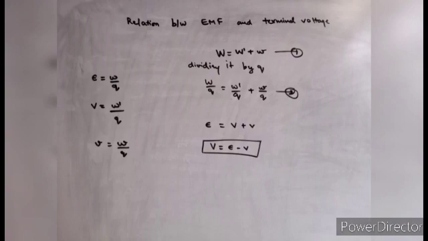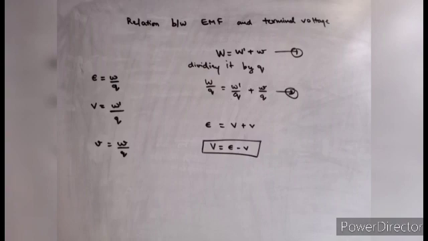Now there is a relation between EMF and terminal voltage. W equals W dash plus small w, as per the law of conservation of energy. Dividing this equation by Q, you will get capital W upon Q equal to W dash upon Q plus small w upon Q. Your capital W upon Q is your E, which is your EMF.